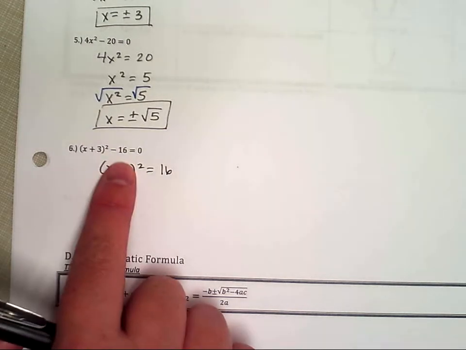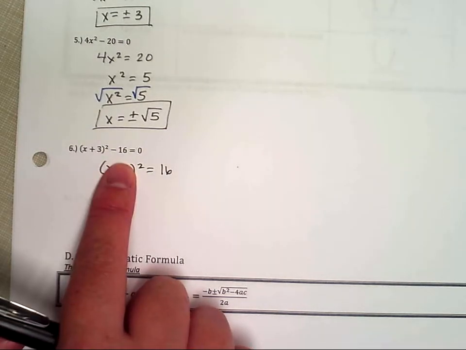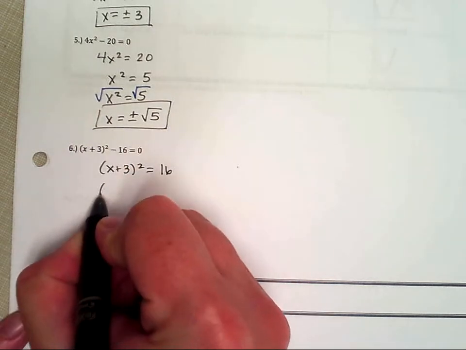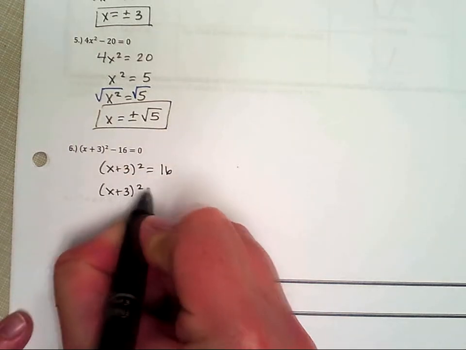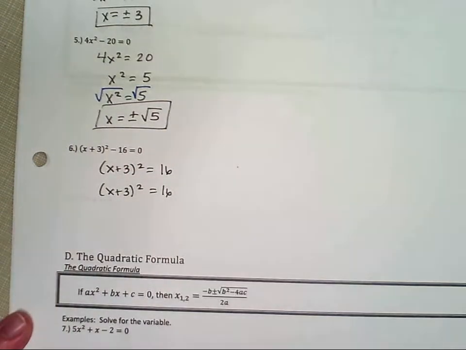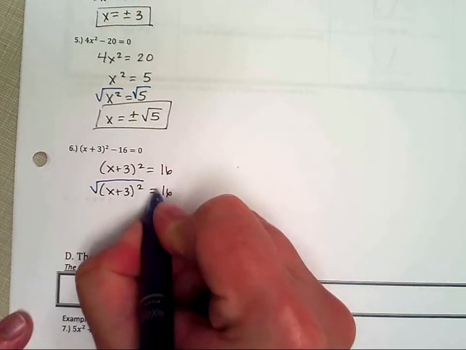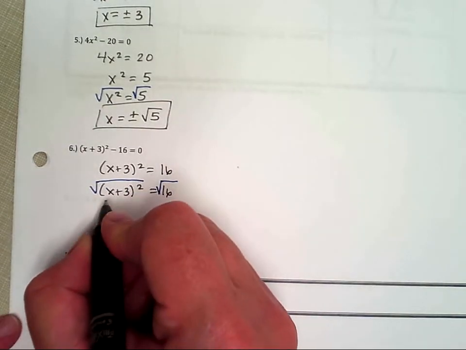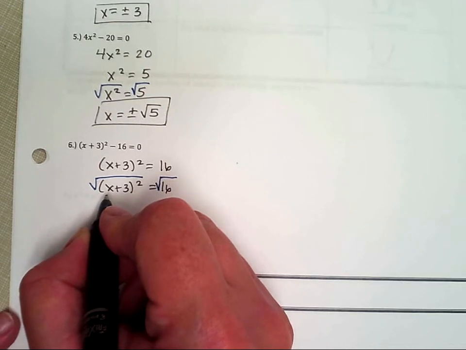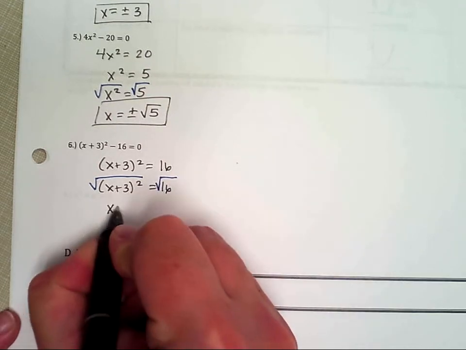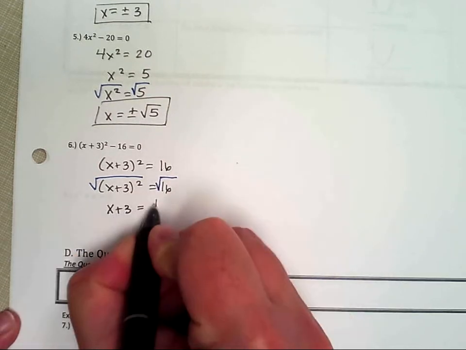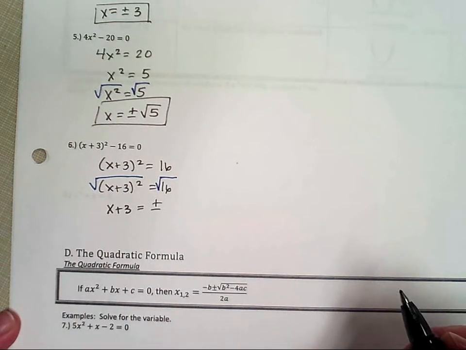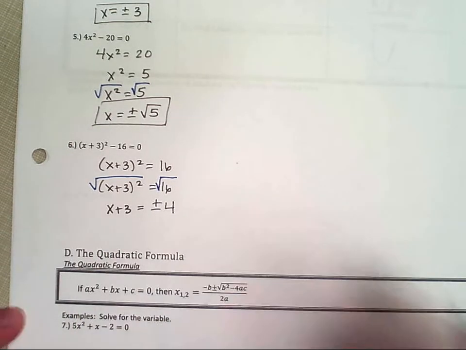Because I have something squared on the left side. I'm going to take the square root of both sides. On the left, the squared and the square root cancel each other out, right? So on the left-hand side, I get x plus 3, and on the right-hand side, I get plus or minus what? 4. Good.